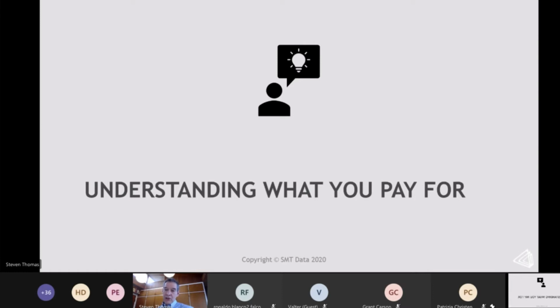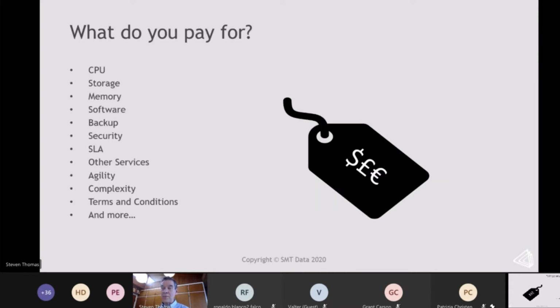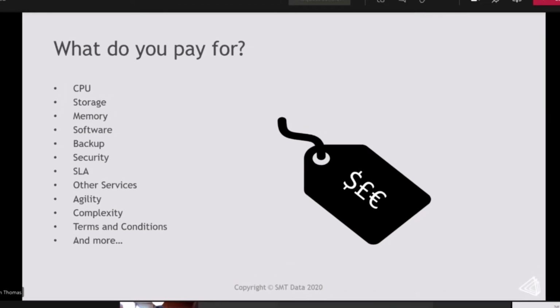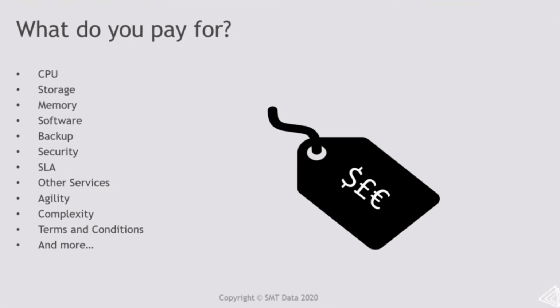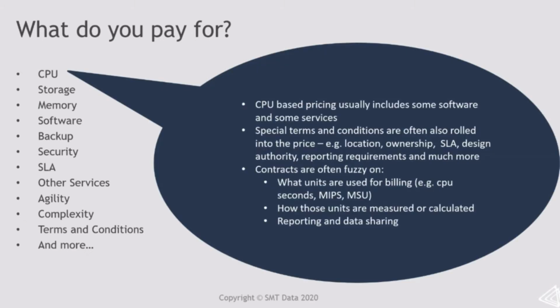So the first step in that is really just understanding what you pay for. What are the units that are being measured out there? And as Henrik and Frederick from Zangenberg will tell you, what you're paying for is lots of stuff, and they're experts on pricing out all these different components: CPU, storage, memory, software, backup, etc. I'm going to be focusing very much on the CPU side and on the measurement of the CPU side, because very often outsourcers are going to roll a lot of this other stuff into the CPU price.